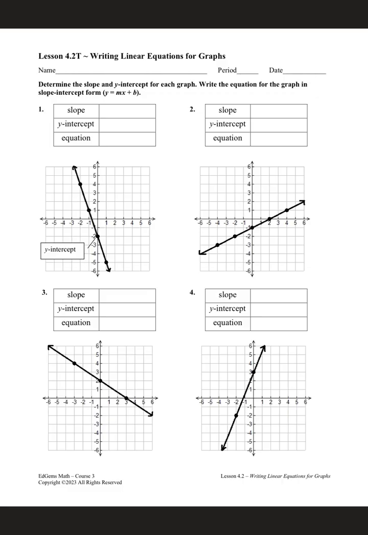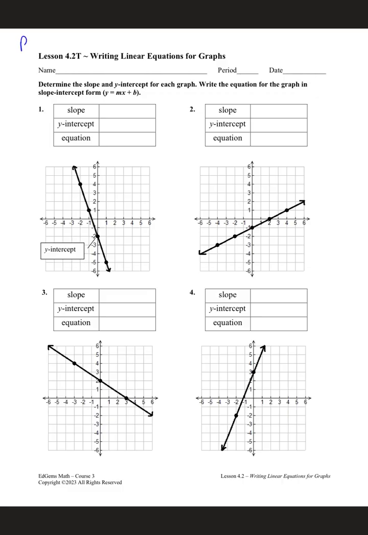Your instructions for numbers 1 through 4 are: determine the slope and y-intercept for each graph. Write the equation for the graph in slope-intercept form, or y equals mx plus b. Now here's the one thing about these graphs. Up here at the very top, you might want to write this down. Choose a color, say blue, and here we go.